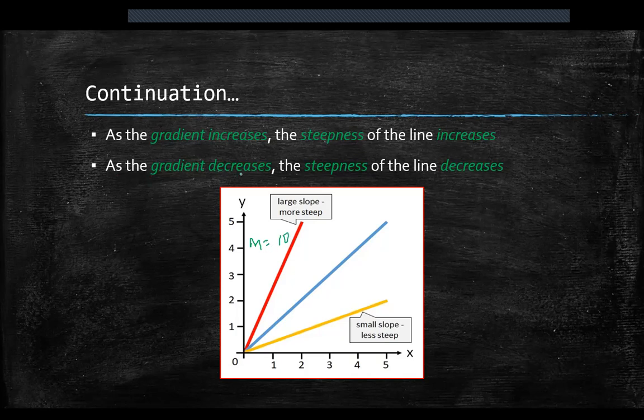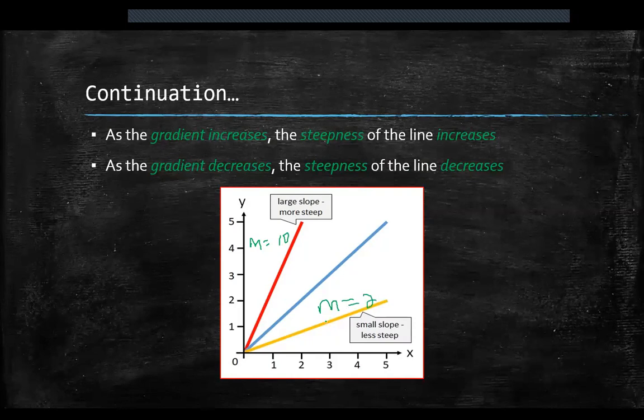And as the gradient decreases, the steepness of the line also decreases. So this yellow line has the smallest slope. Why? Because it's less steep than the red line. Say my gradient for this one was m is equal to 2. That's why we say as the gradient increases, 10 is greater than 2, this line is steeper than the yellow one.